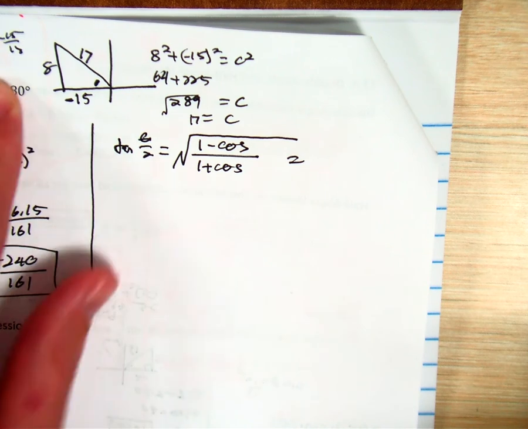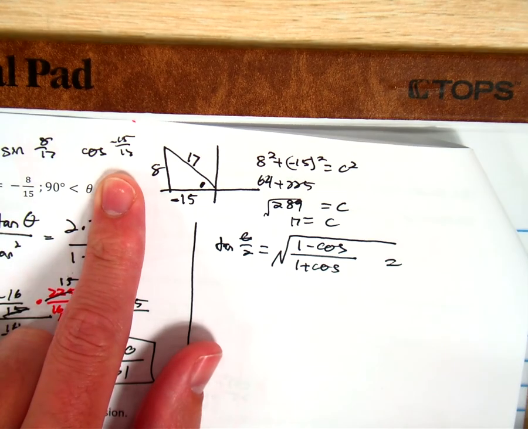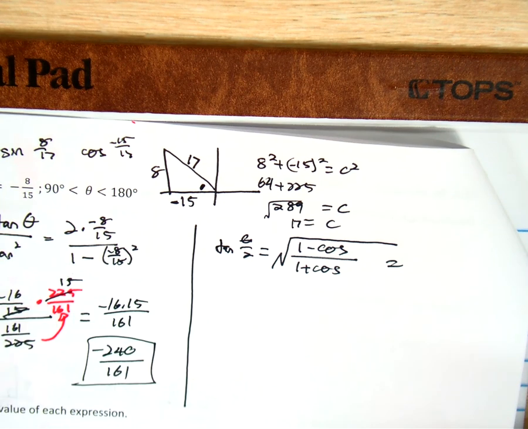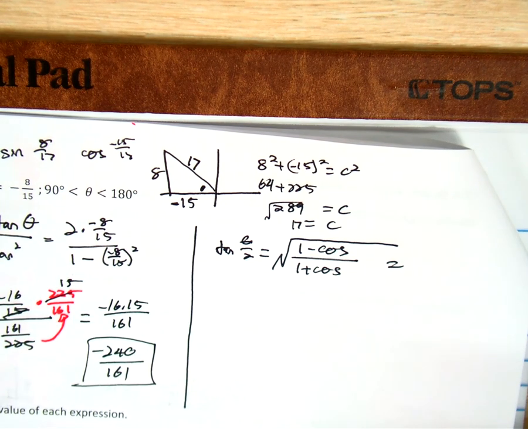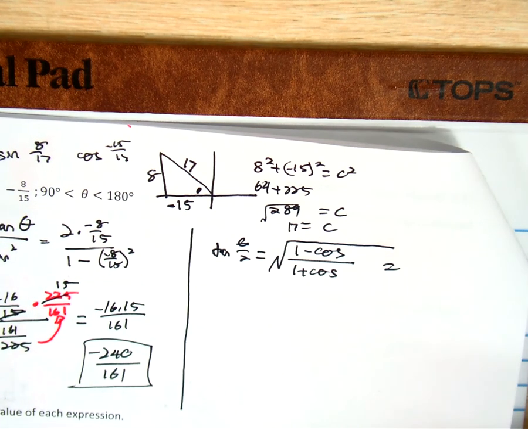Okay, so it helps that I know what my cosine is. It's negative 15 over 17. So we're going to have cosine is going to be negative 15 over 17.